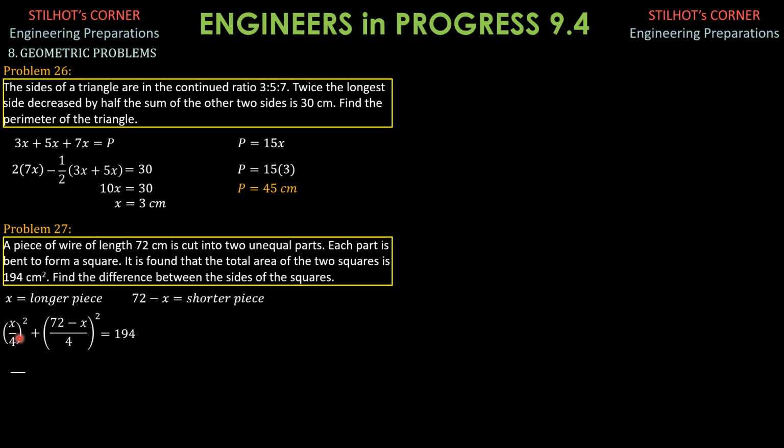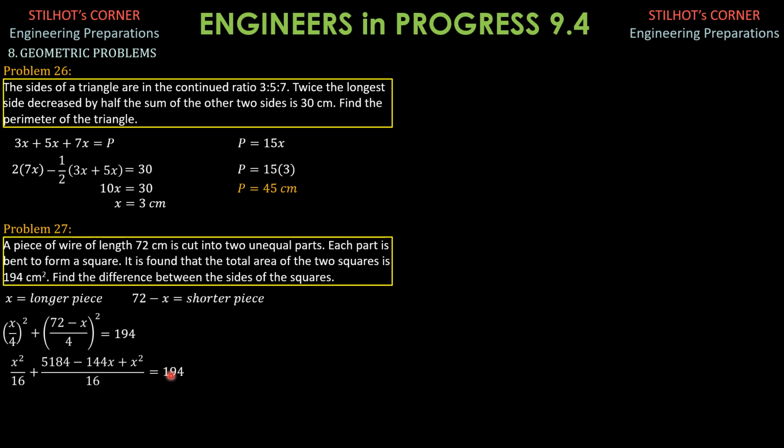So simplifying, this is x squared over 16, then 72 squared using your calculator, then the middle term negative 144x, last term x squared over 16. 72 squared is 5184, minus 2 times 72x, 144x, plus the square of negative x over 4, which is x squared over 16, equals 194.